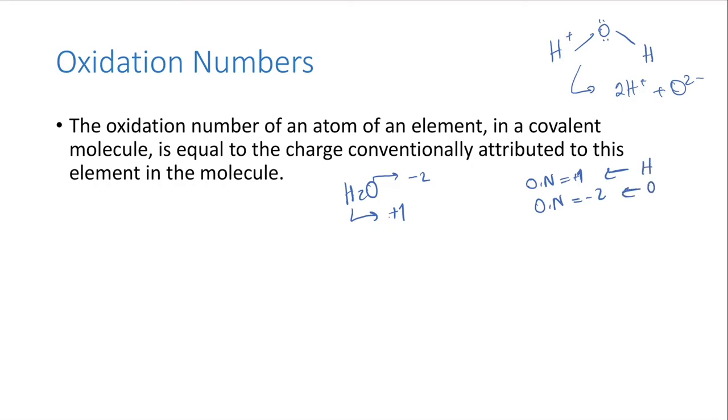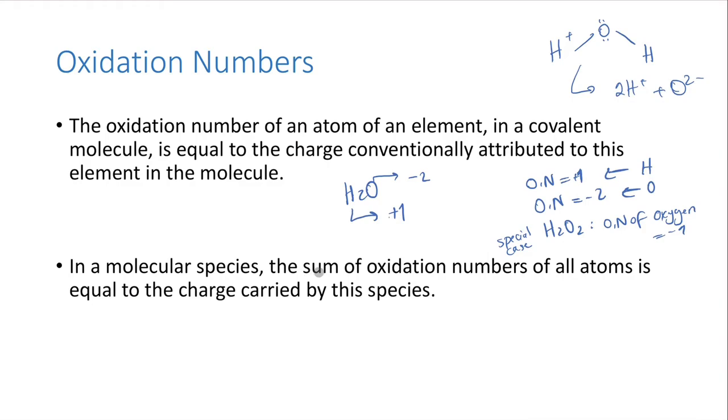We have a special case, especially in H2O2. In H2O2, the oxidation number of oxygen is equal to minus 1. This is a special case. Okay? So the oxidation number of hydrogen is equal to plus 1. Oxidation number of oxygen is equal to minus 2.